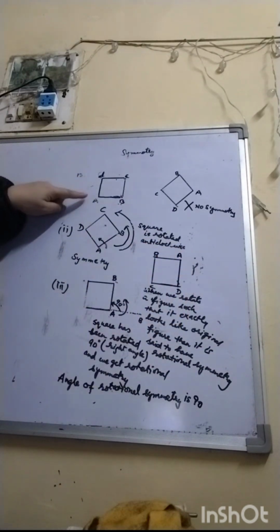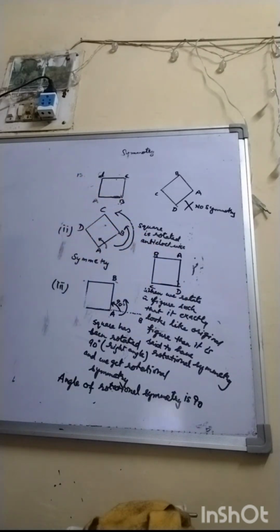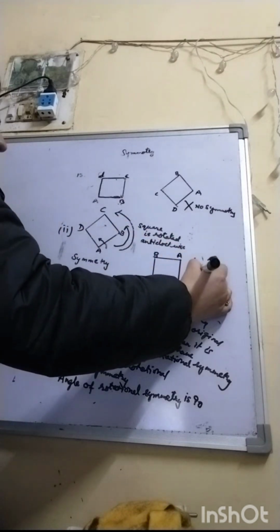So from the original figure, when AB was at the bottom line, now AB is at the front line. So in this way again there is a symmetry.